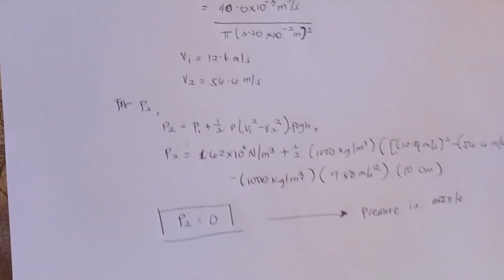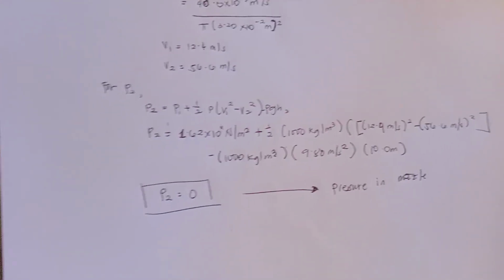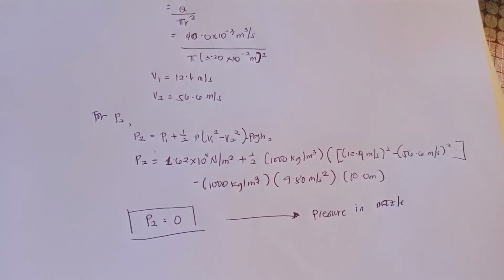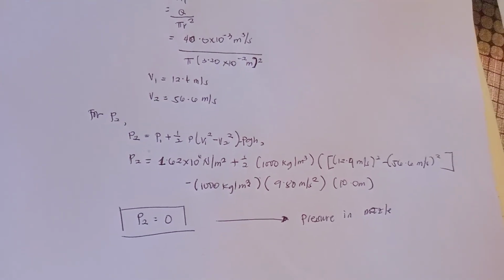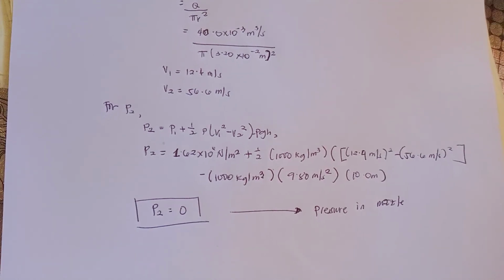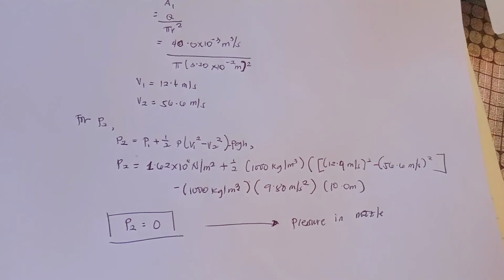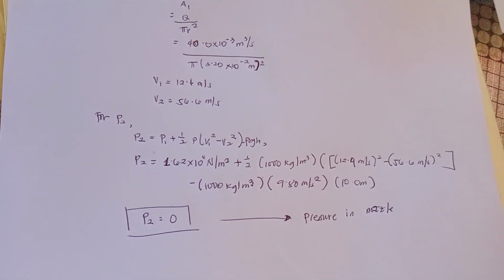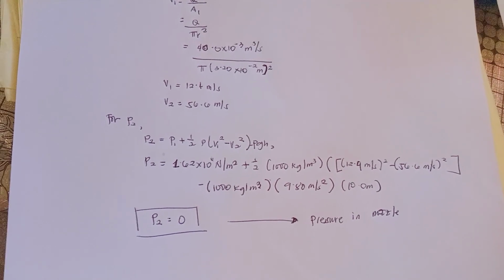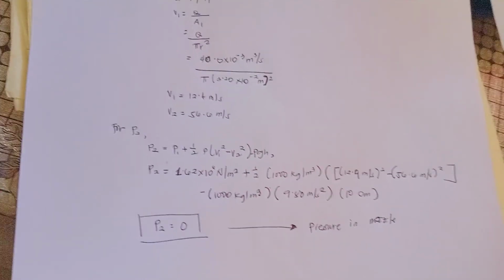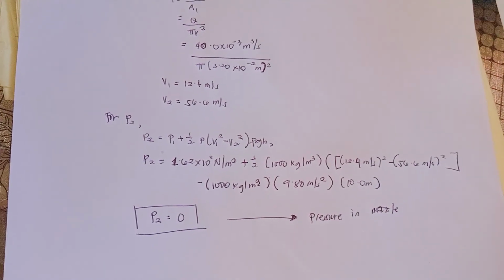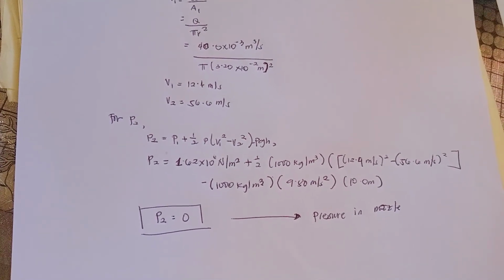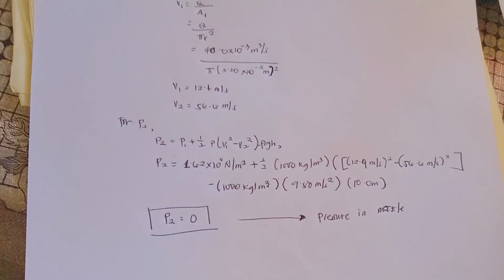And for P2, which equals P1 plus 1 half rho V1 squared minus V2 squared, minus rho g h. So P2 equals 1.62 times 10 to the 6 Newton per meter squared plus 1 half times 1000 kilogram per meter cube times 12.4 meter per second squared minus 56.6 meter per second squared, minus 1000 kilogram per meter cube times 9.80 meter per second squared times 10.0 meters.